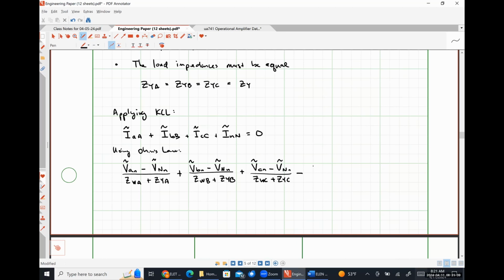And lastly, I will have V capital N lowercase n divided by ZNn, equal to 0.